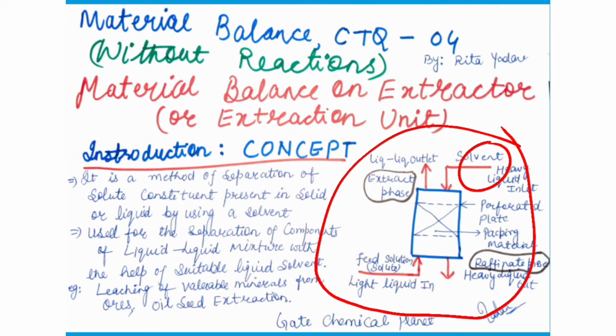Extract phase is the light liquid outlet and the raffinate phase is the heavy liquid outlet. There are perforated plates in the extractor and the packing material is filled here. So this is the diagram showing the extractor unit.